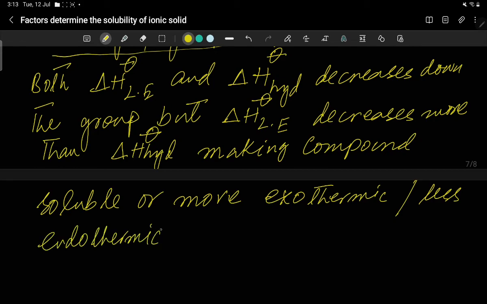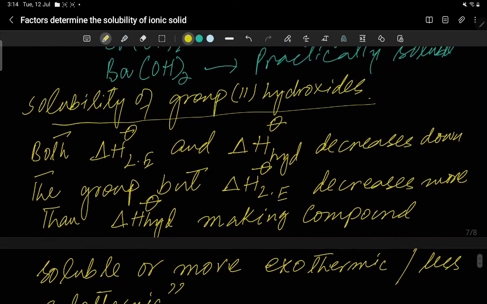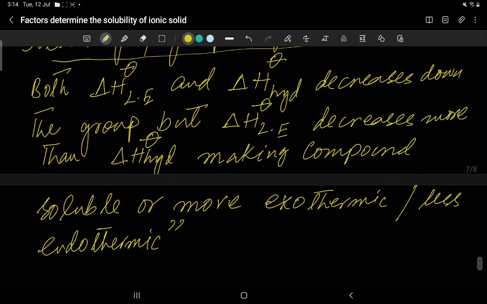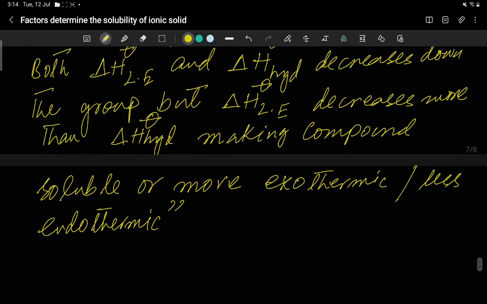So this is how to write the answer to why solubility of group 2 hydroxides increases down the group.